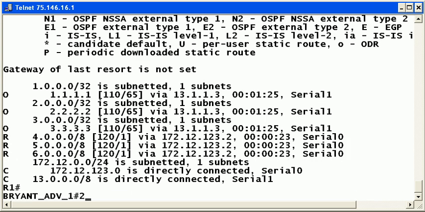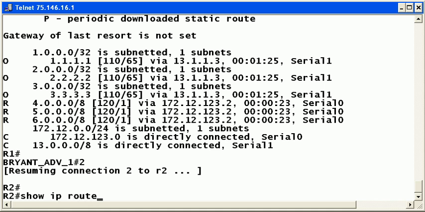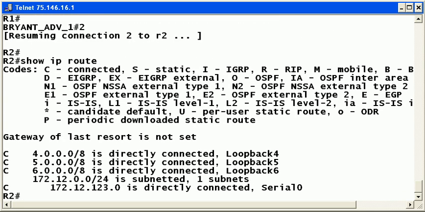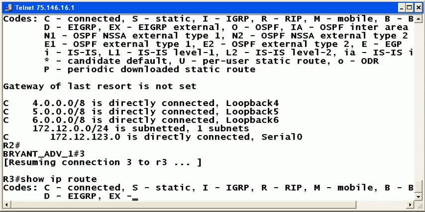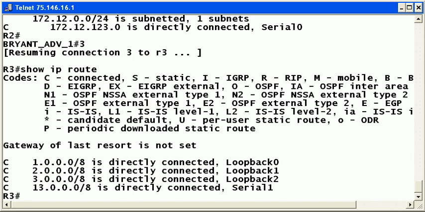But as we also saw, router 2 is not going to see router 3's loopbacks, and the same goes for router 3 not seeing router 2's loopbacks, because there is no automatic redistribution between OSPF and RIP.